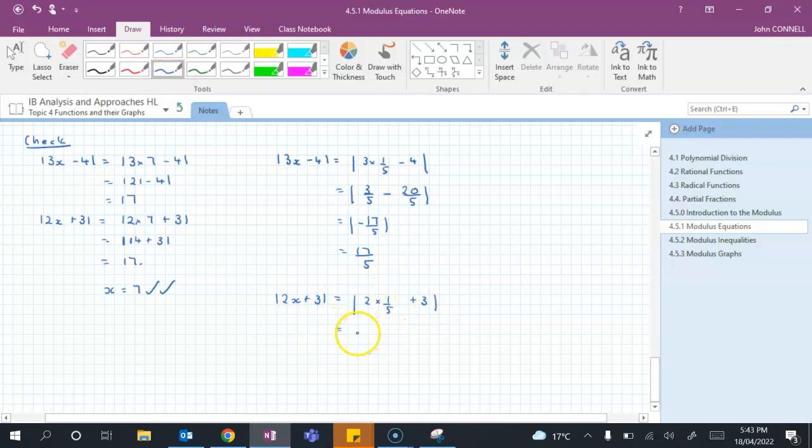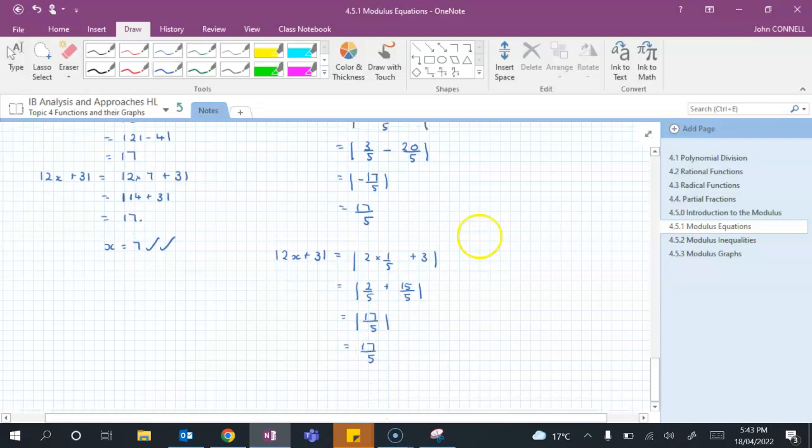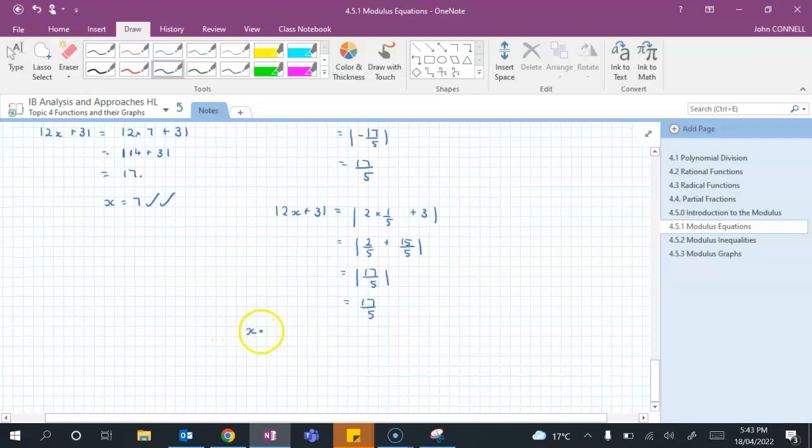Well, 2 times 1 on 5 will be 2/5. 3 will be 15 on 5. When I add those two, I'm going to get the modulus of positive 17 on 5, which will be 17 on 5. And so then x equals 1 on 5 is also a solution. Okay, so our two solutions in this case are 7 and 1 on 5. Okay, and we'll leave it there.